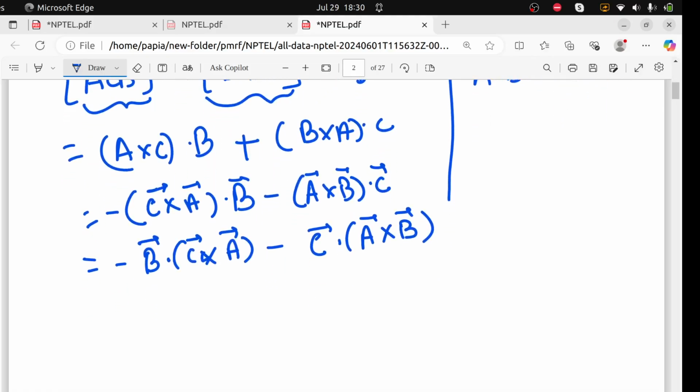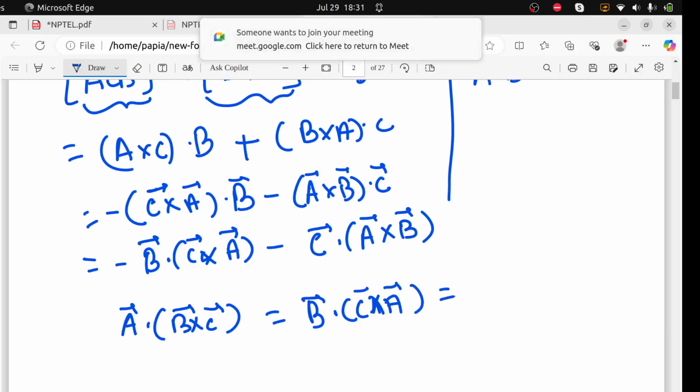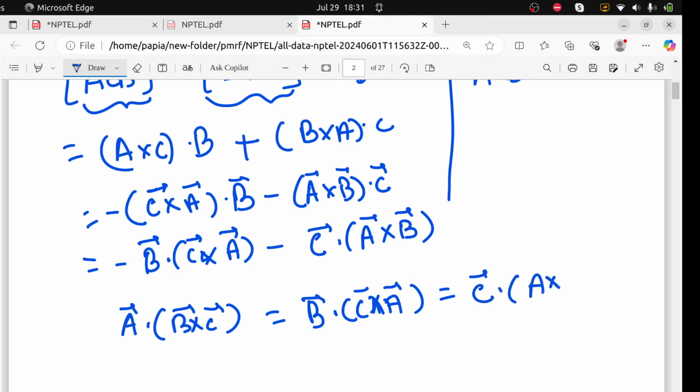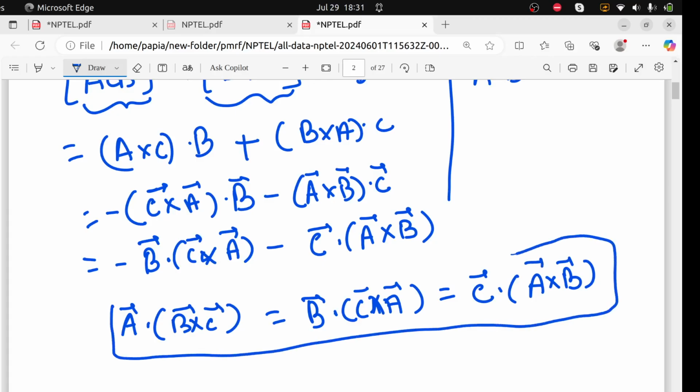Now there is one vector rule, or it can be proven as well: A dot B cross C equals B dot C cross A equals C dot A cross B. This is a well known vector expression. I will use this expression in my calculation.